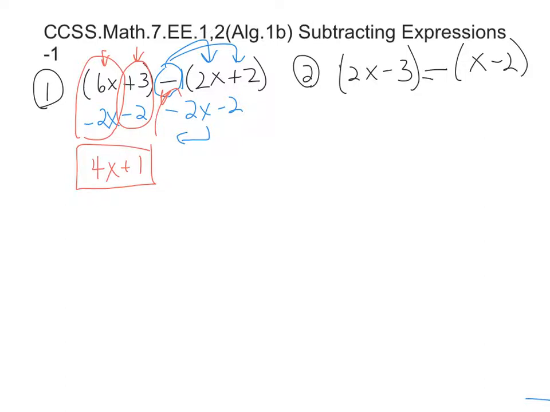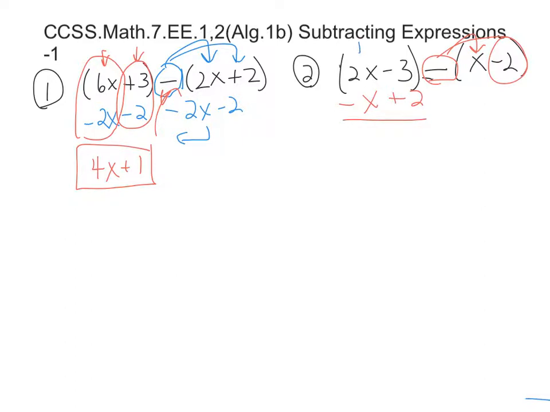We distribute this negative to both terms, and that would be negative x. We can write it down here, line it up, and then this would change this to a positive 2. I hope everybody saw that, because negative times negative 2 is a positive 2. And now you're going to go here, and you're going to line up your terms, x's with x's, and constants with constants.